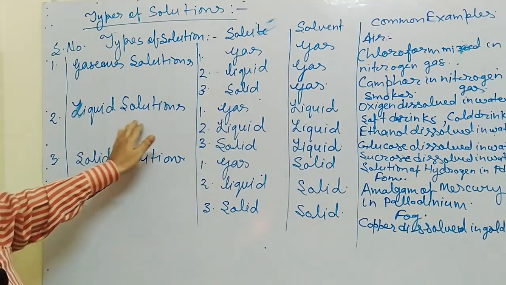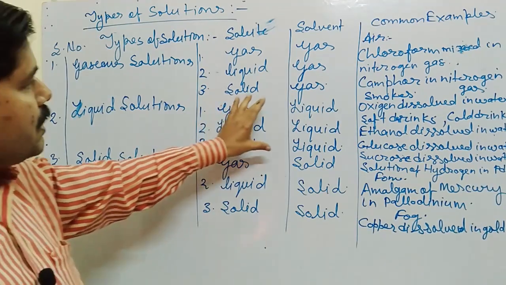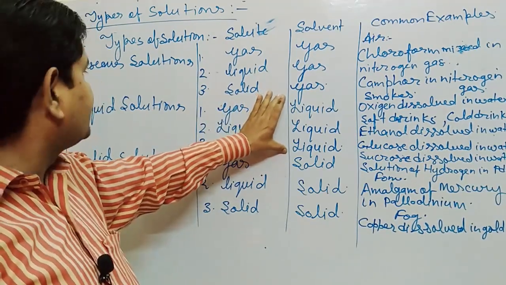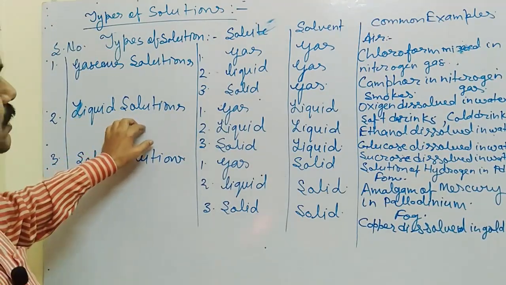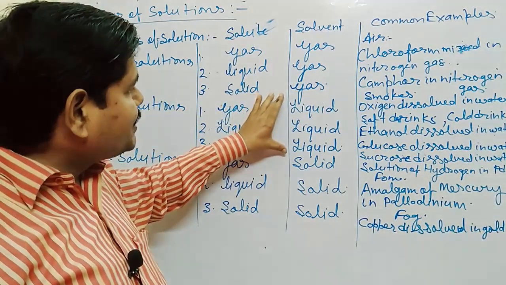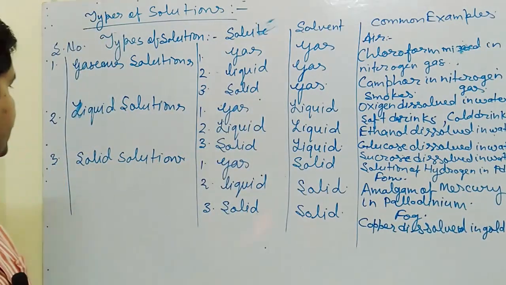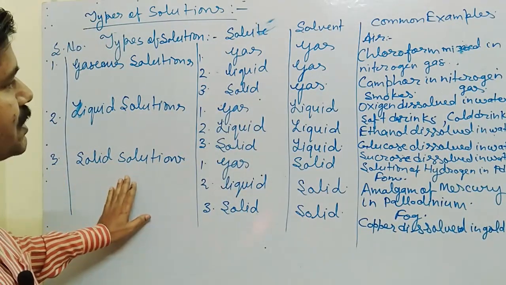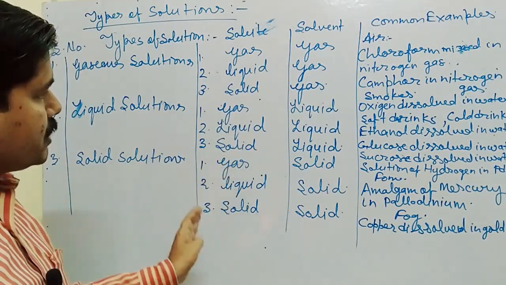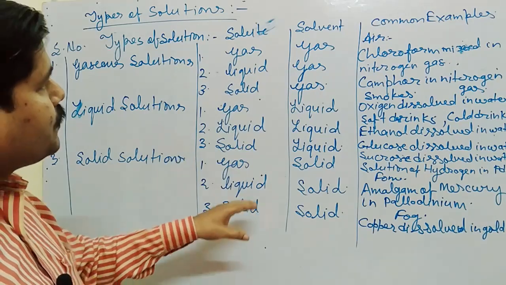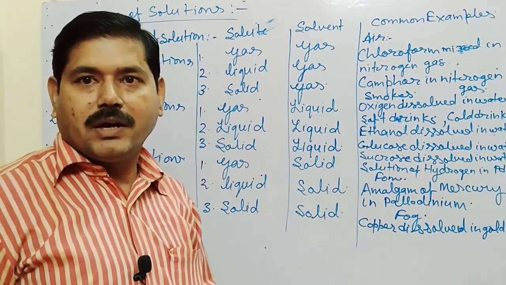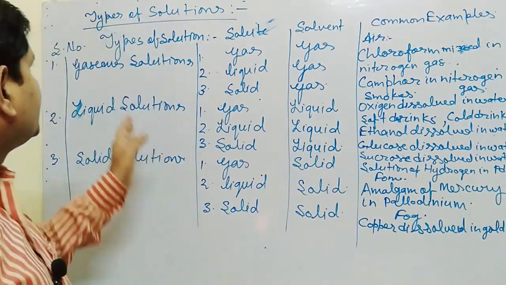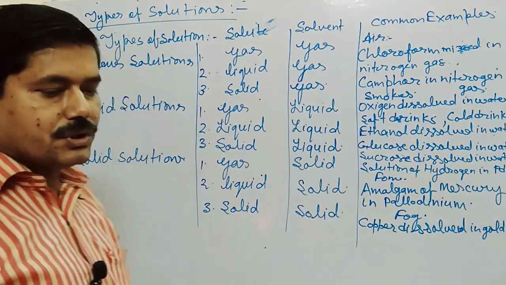In the second type, liquid solutions, the solvent is in the liquid state, and in solid solutions, the solvent is a solid in all the examples. These are the types of solutions.